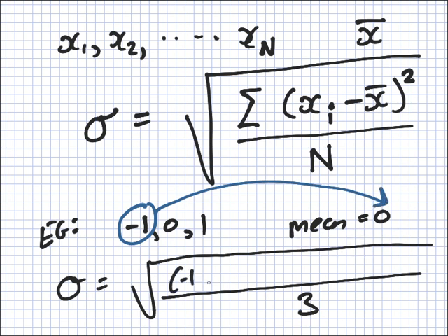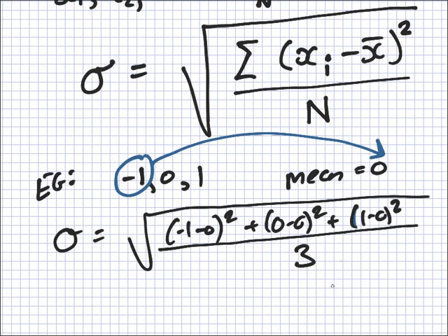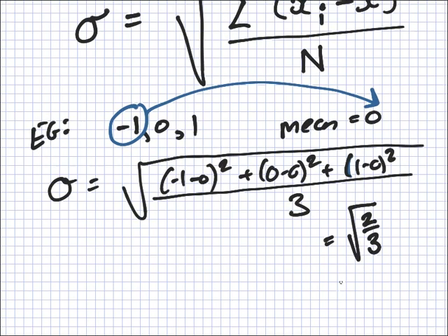So it's -1 minus 0 squared plus 0 minus 0 squared plus, and then the last one, 1 minus 0 squared. So if you put that in on the calculator, you would get root 2 over 3. And your calculator might even simplify that for you.